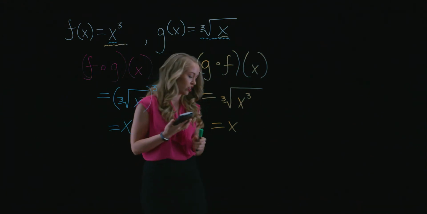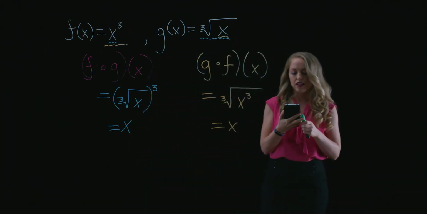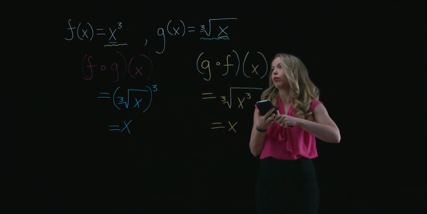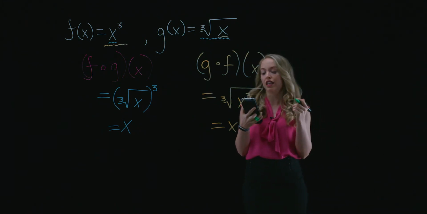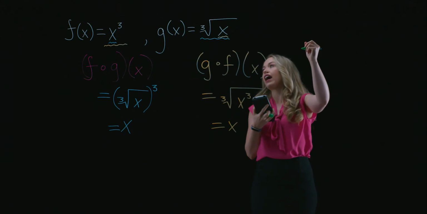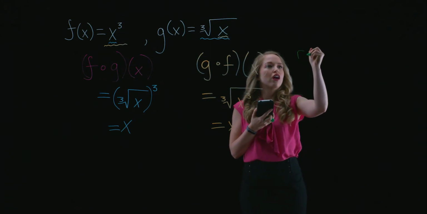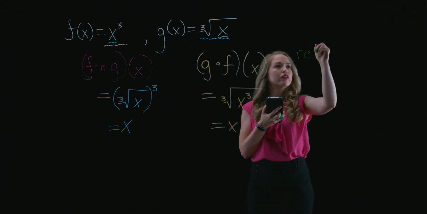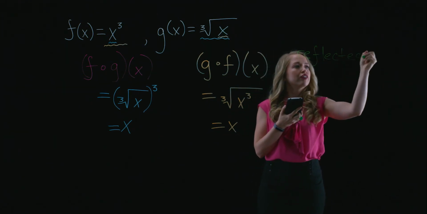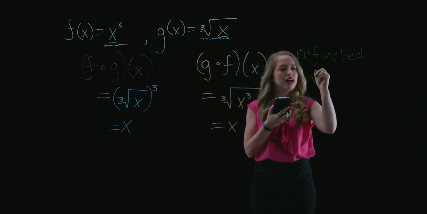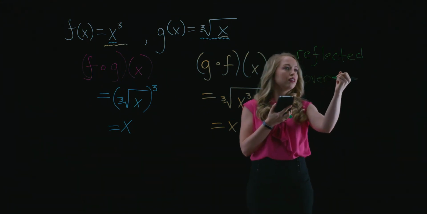Perfect. The last part is we are asked to describe the relationship that we are seeing between the two functions. Now this is not only the relationship we're seeing with these two functions, but in fact the relationship we will see with all inverse functions. And that is that our functions are reflected over the line y equals x.